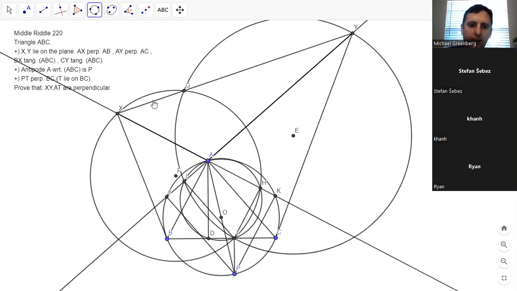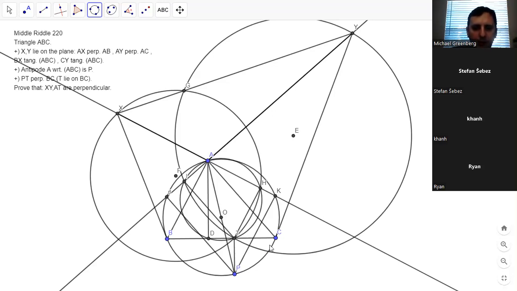So maybe actually, you know what? I think Trig-Cheva might end up solving this, or maybe even regular Cheva, because we know these angles are equal.